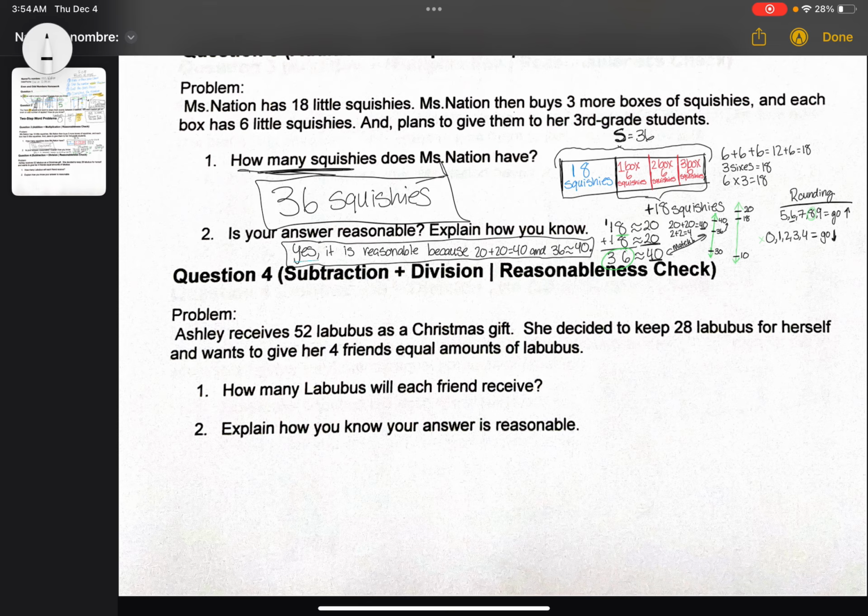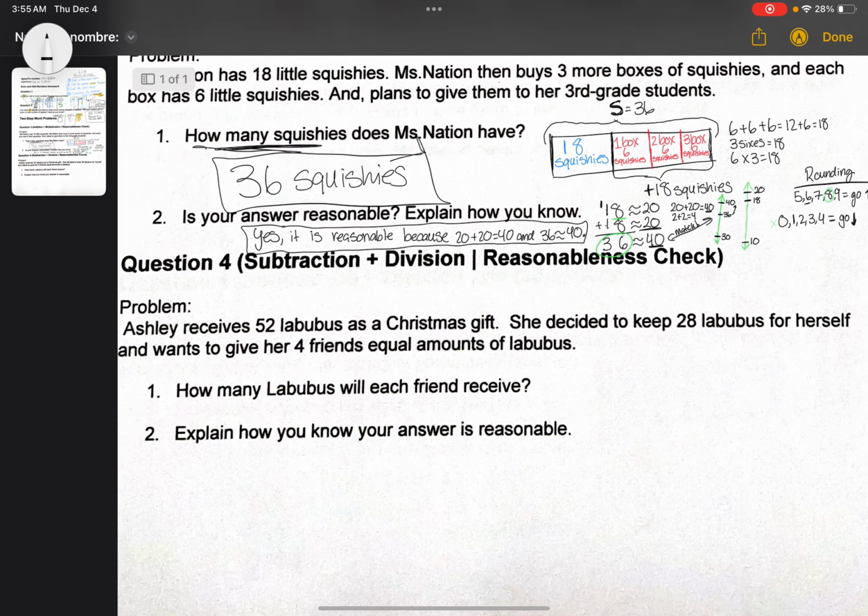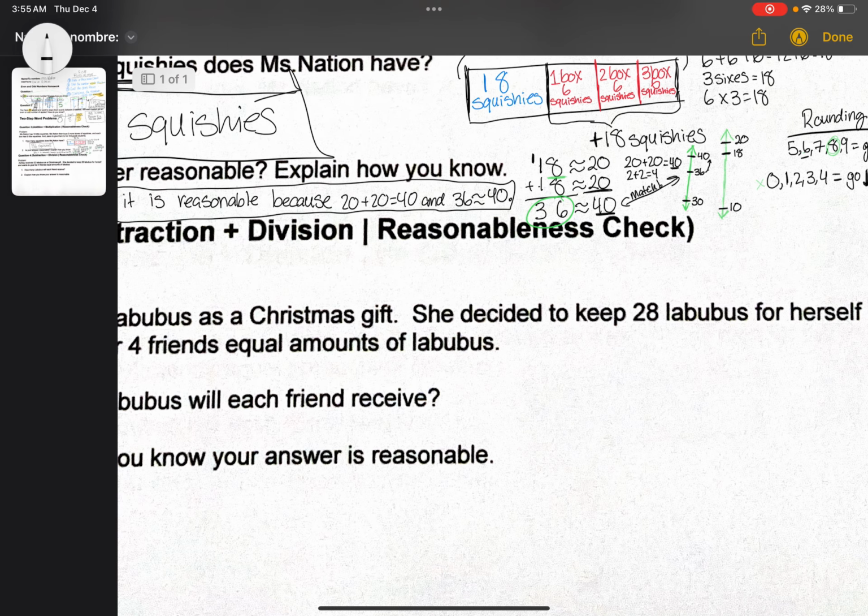How many Labubus will each friend receive? Now, receive just means to get. So if I receive a gift, my friend just gave me a gift. Receive just means gave to me or to you.